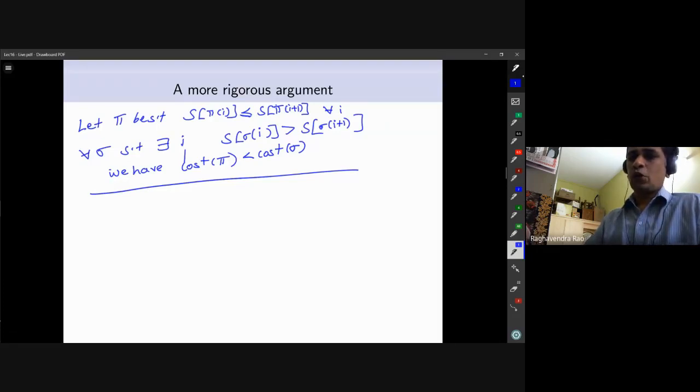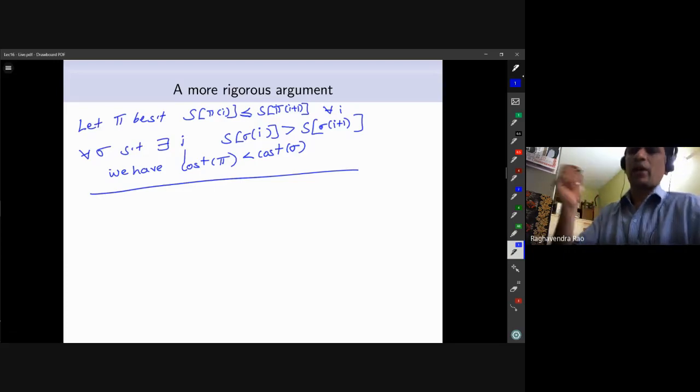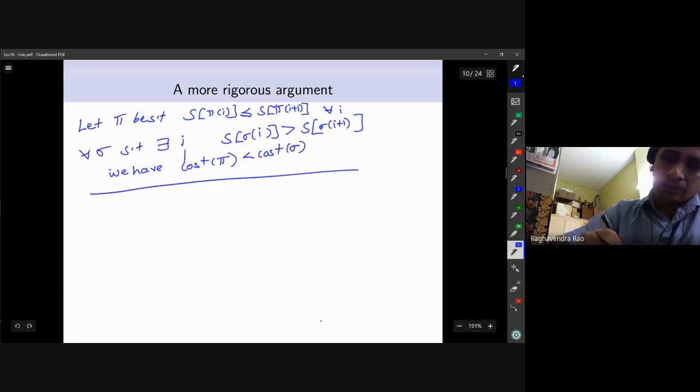Okay, so now how do we prove it? Well, we can prove it by induction on the number of inversions. Instead, we can make a proof by contradiction. So proof.